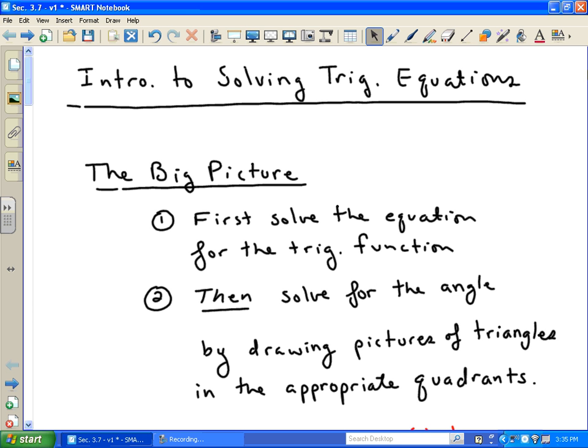Then we want to keep solving the equation, but we then need to solve the equation for the angle. When we solve for the angle, we do this by drawing pictures of triangles, and we need to make sure that they're drawn in the appropriate quadrants. During this video, you're going to want to pause to write down the notes for the subjects that we're talking about. You might want to pause the video to write down these two ideas.